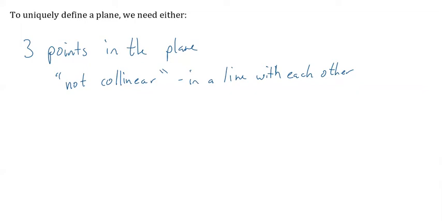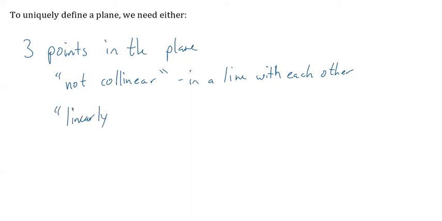But if you have 3 points that I would picture as forming a triangle, 1 point here, 1 point here, 1 point up here, all of a sudden you've got a plane that exists in a particular position in 3 space. We also call this linearly independent. So that's kind of the same as saying not collinear.